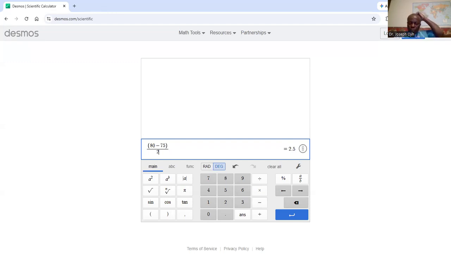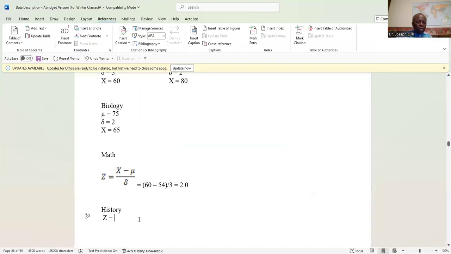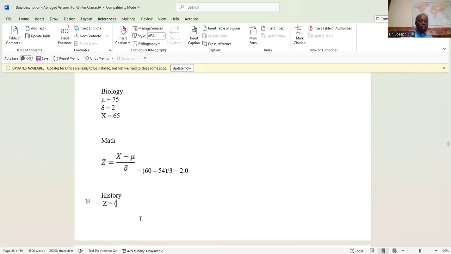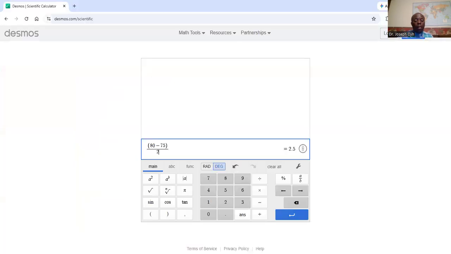I'm going to put 2.5 right here for history. I'm going to write 80 minus 75 divided by 2, which is the standard deviation for history. So after that, what I got is 2.5.